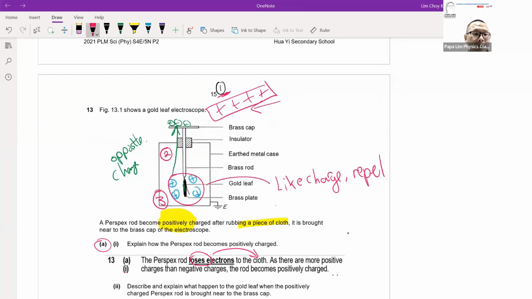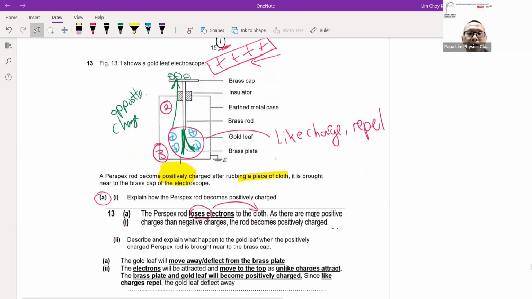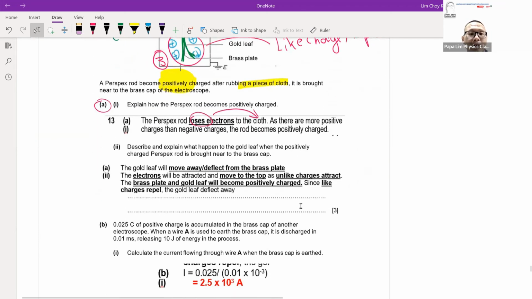As a result, the leaf will swing away, because all these are like charges. It will repel, and the gold leaf will open up. This is what we mean by deflection.